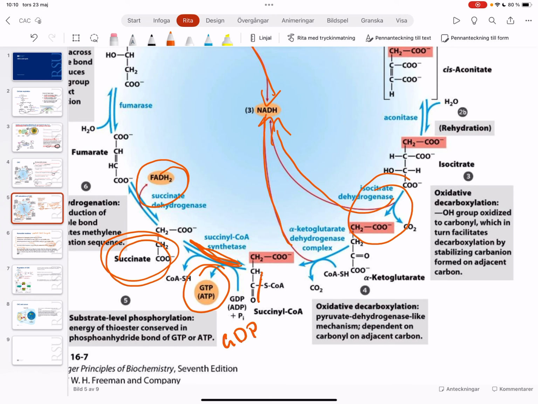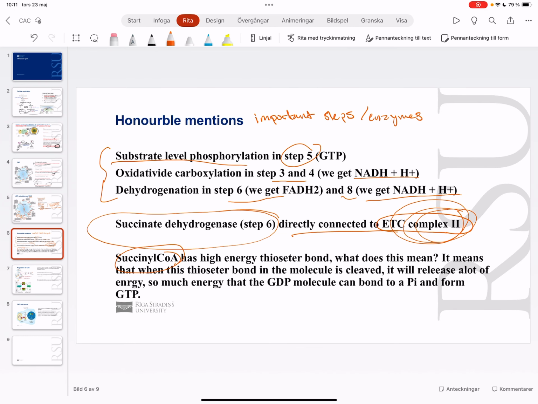And when succinyl coenzyme A breaks its bond, it will release energy. And this energy is used to incorporate inorganic phosphate to a GDP and form GTP. So succinyl coenzyme A is important for that reason. And that's what I've written here.